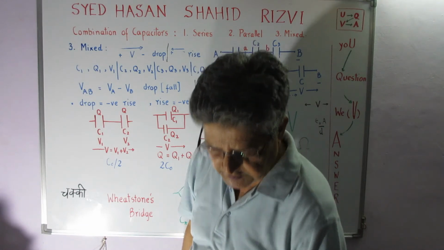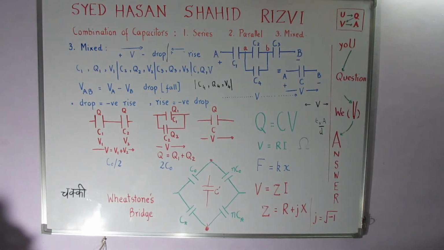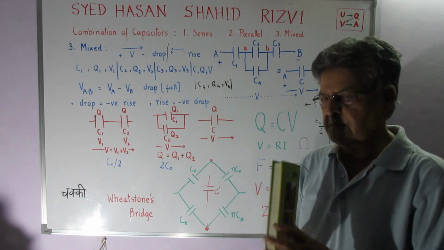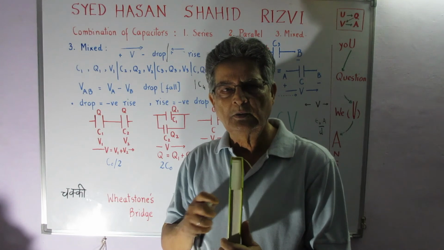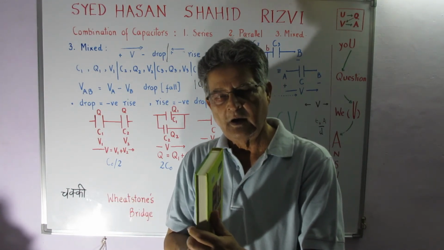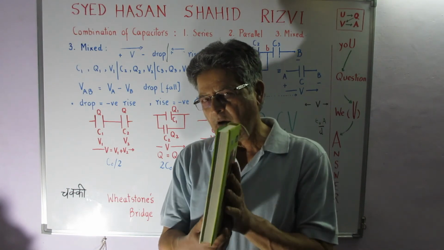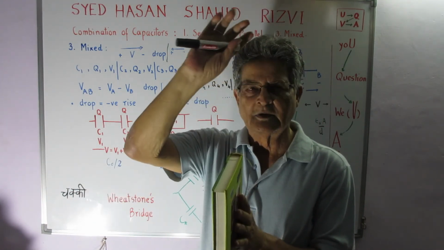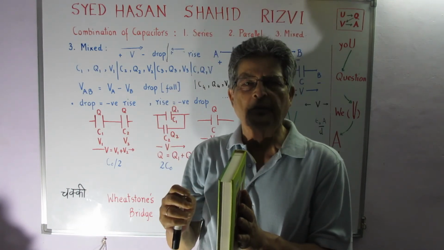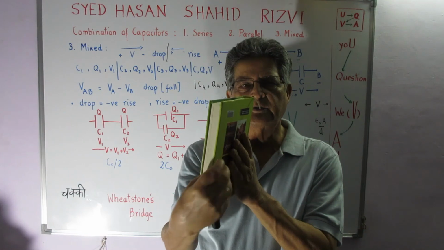Now, a very interesting thing. Suppose I have a capacitor. I put it to the battery, V volts across it. Now I have a similar capacitor. I take the battery off. And I have a similar capacitor, this side positive and this side negative.